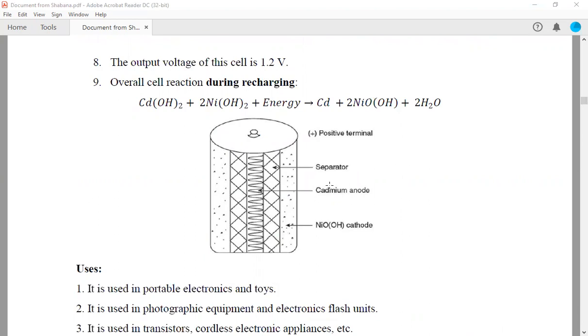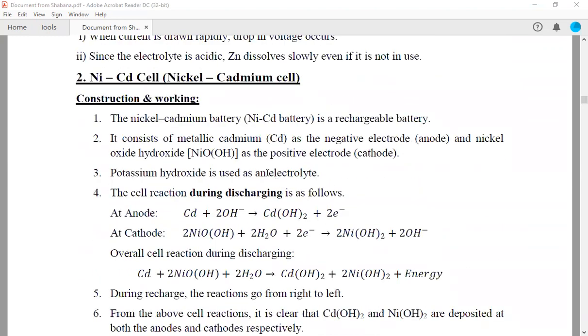It consists of metallic cadmium as the negative electrode and nickel oxide hydroxide as the positive electrode. And potassium hydroxide is used as the electrolyte.